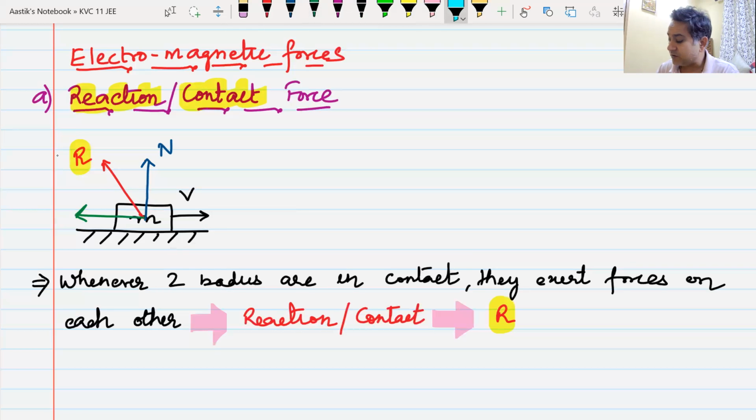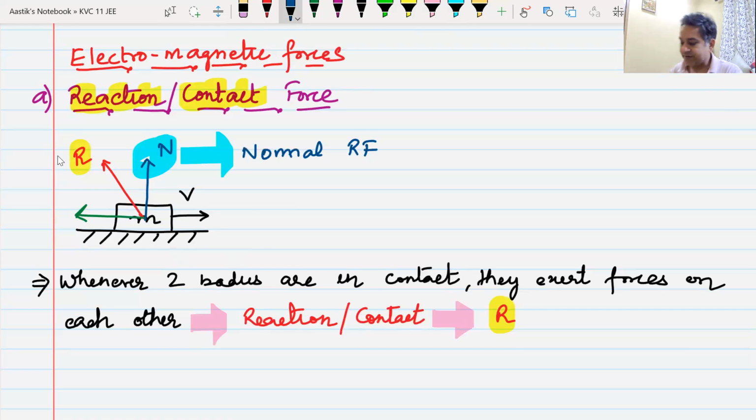What is this perpendicular component known as? Normal reaction. Yes, this perpendicular component is known as the normal reaction force.